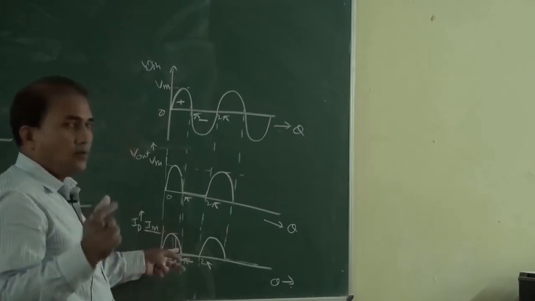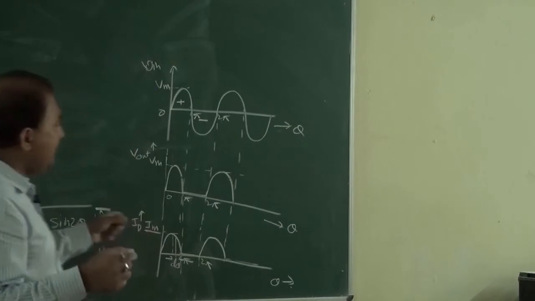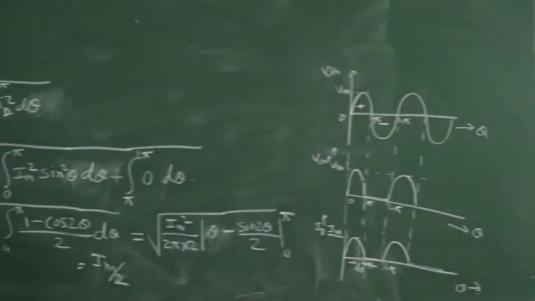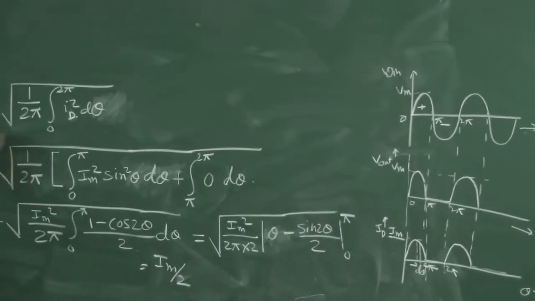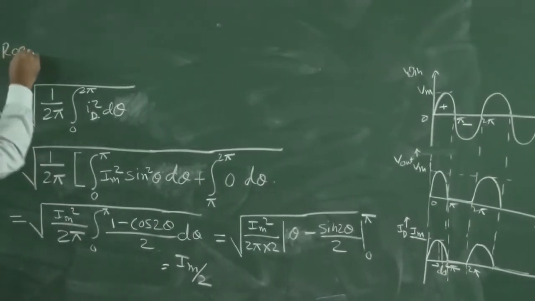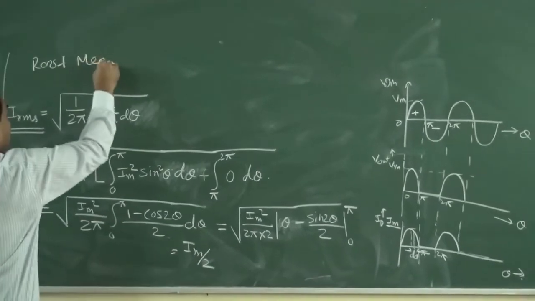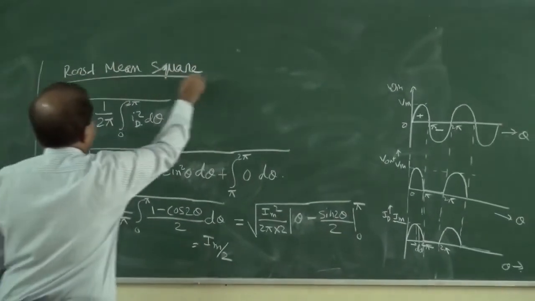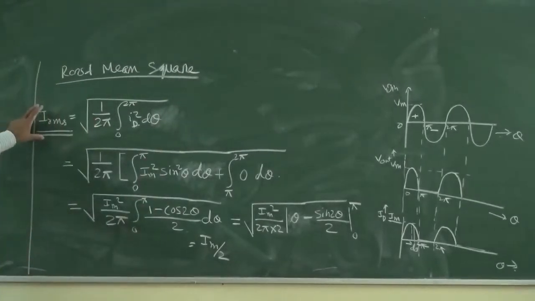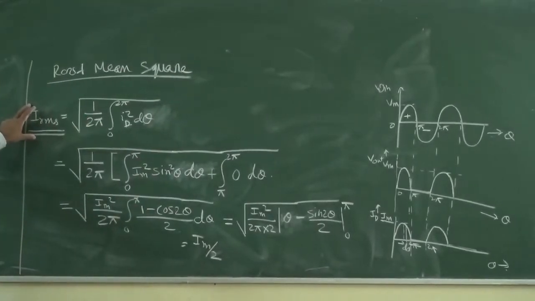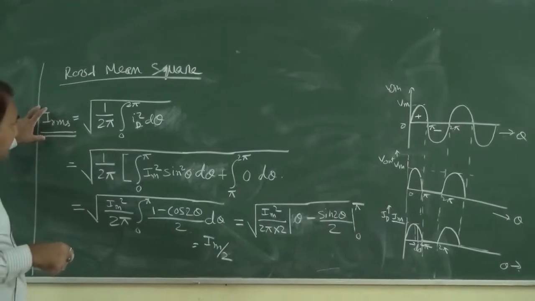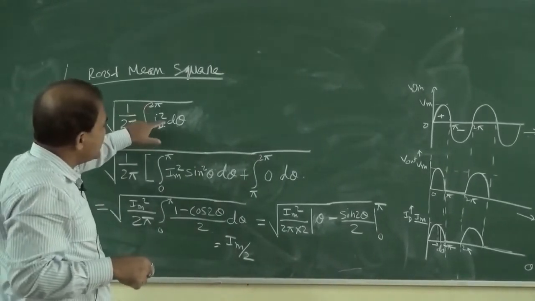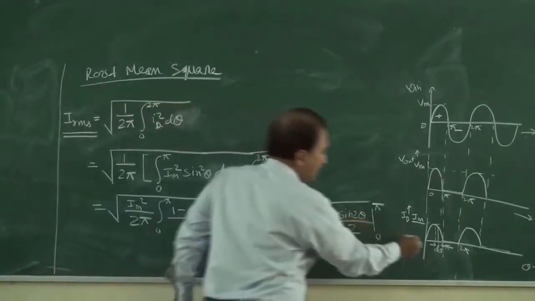Okay. Now how we can determine the RMS value and average value. See, IRMS is the root mean square. So how we can determine the IRMS? IRMS is equal to the square root of 1 by 2 pi times the integral from 0 to 2 pi of id square d theta. Why is it 2 pi?